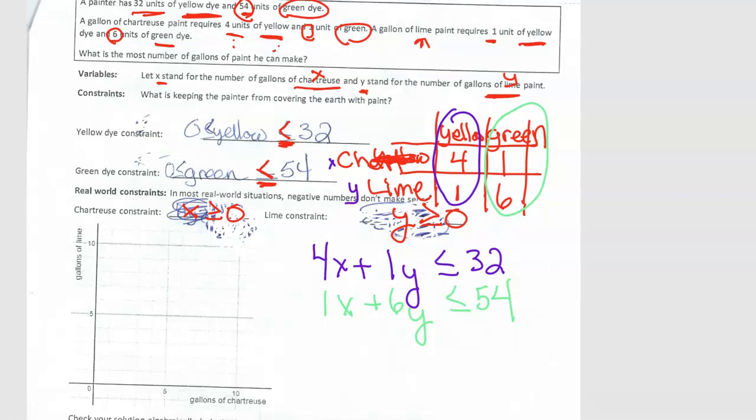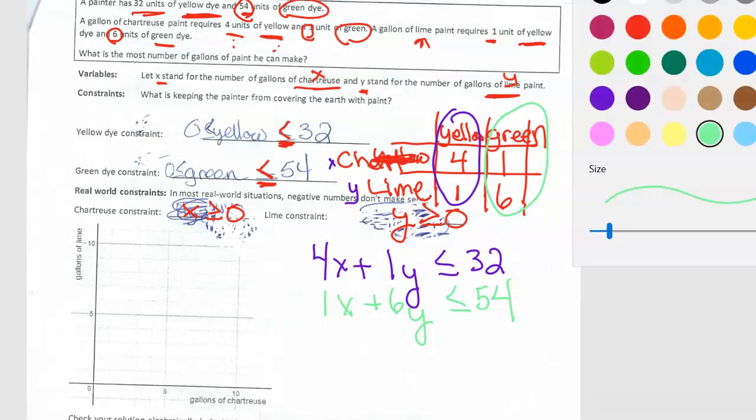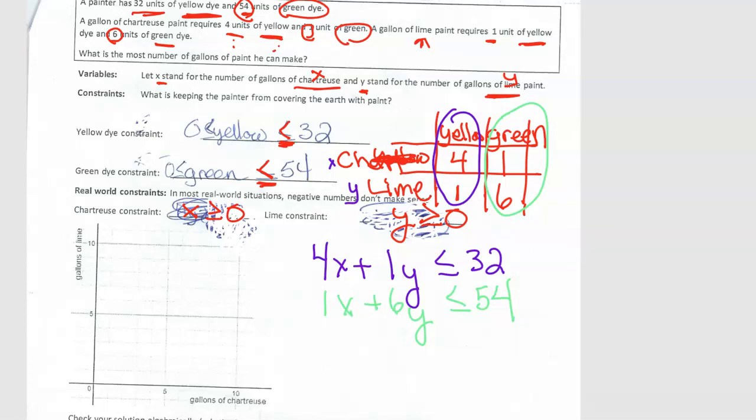Now I'm going to graph these problems, and I will see where they intersect and what my limits are. If you remember, when you have a problem like this and you want to graph it, you can let X equal 0 for that one right there. That meant Y would have to be 32. That would be my extreme.